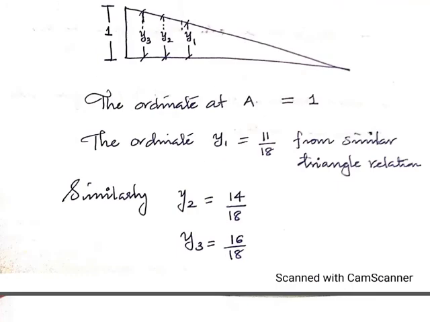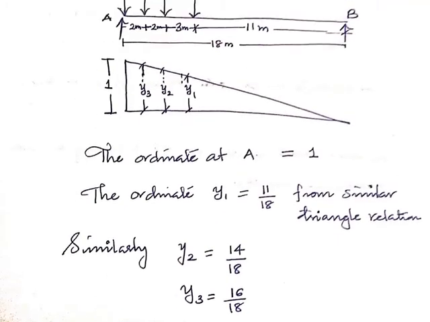Similarly, we can use the simple similar triangle relation to find all the ordinates below the loads. So Y1 is equal to 11 by 18, Y2 is equal to 14 by 18 and Y3 is equal to 16 by 18. These are the ordinates under each load.